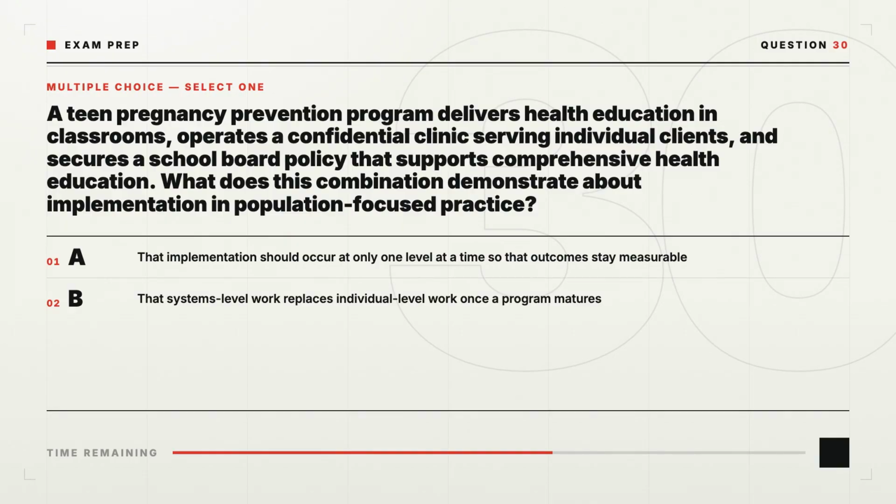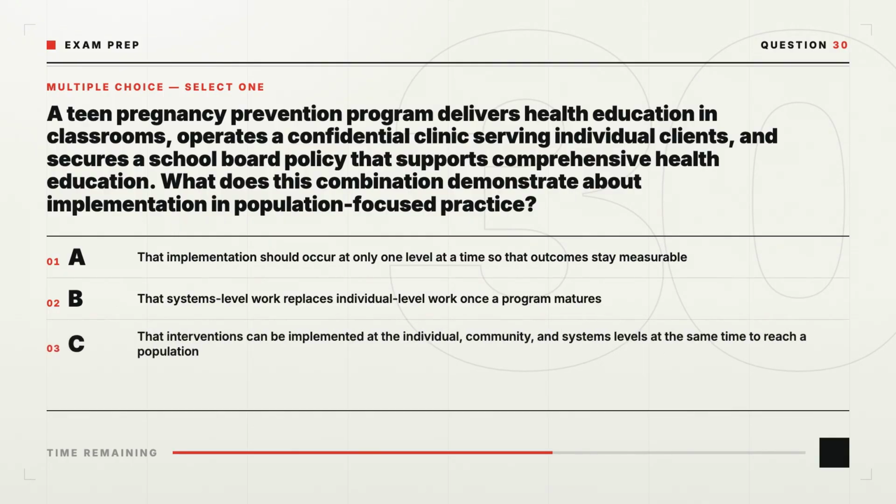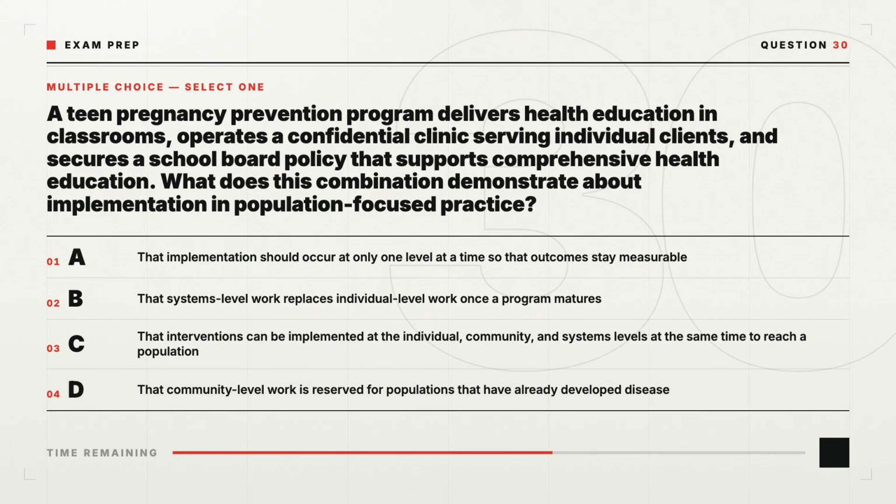B. That systems level work replaces individual level work once a program matures. C. That interventions can be implemented at the individual, community, and systems levels at the same time to reach a population. D. That community level work is reserved for populations that have already developed disease.